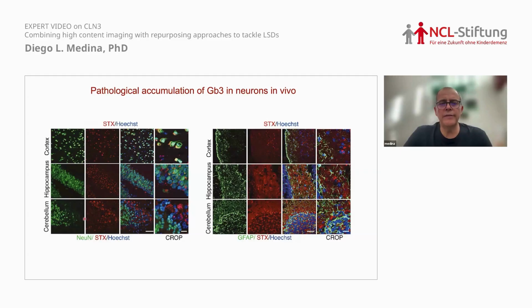Interestingly, by using colocalization approaches, we found that GB3 accumulates specifically in neurons, but not in astrocytes or microglia. And this is very interesting because it means that this accumulation of GB3 happens specifically in the neuronal compartment of the central nervous system.